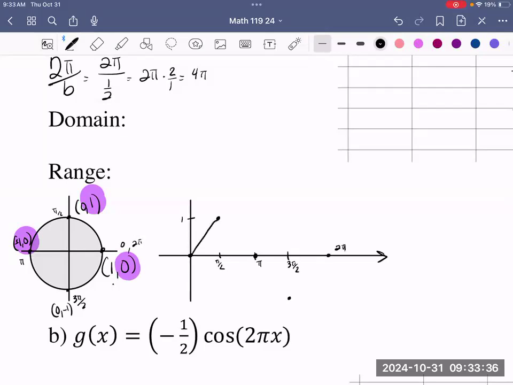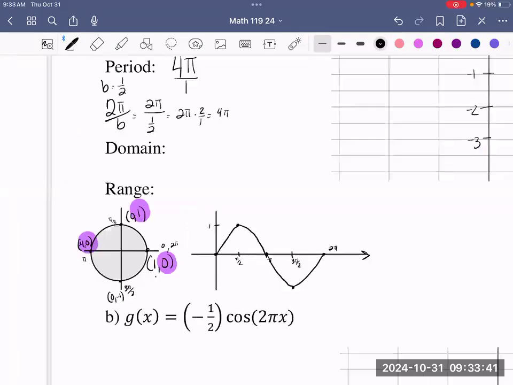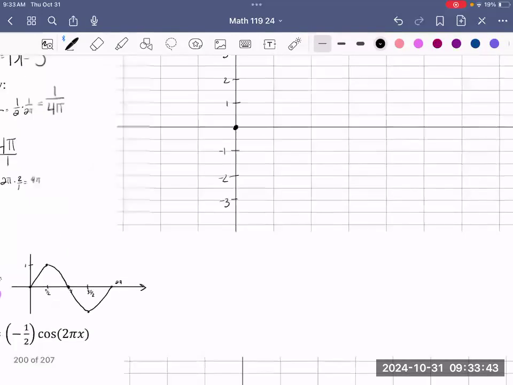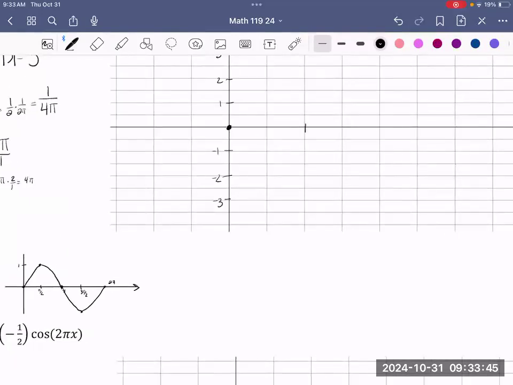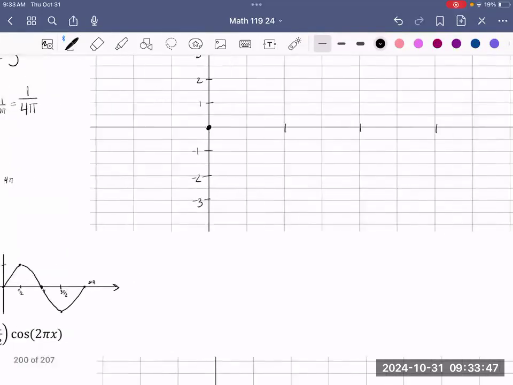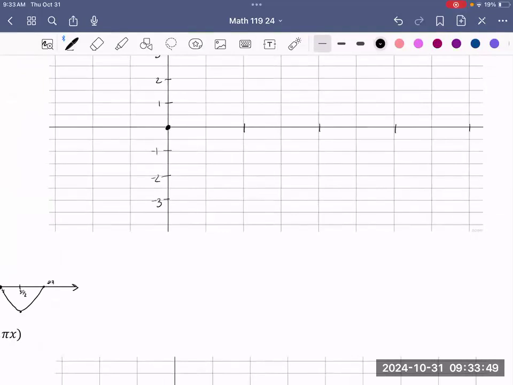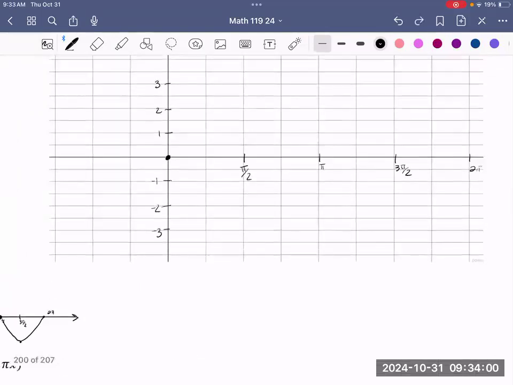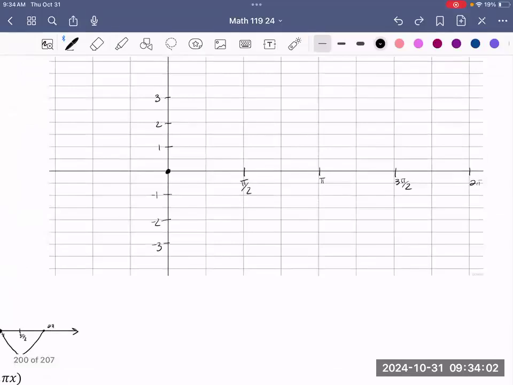So we should have a graph that looks like this. So I'm going to kind of block it out here. So we have one here, one here, one here, one here. So this used to be pi over 2, pi, 3 pi over 2, and 2 pi. And that would take us one full period of 2 pi to conclude. We know that.